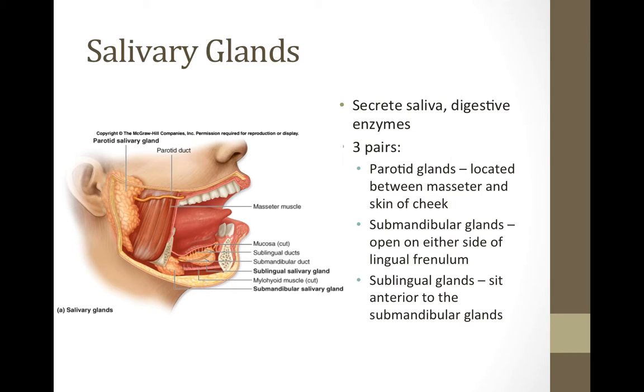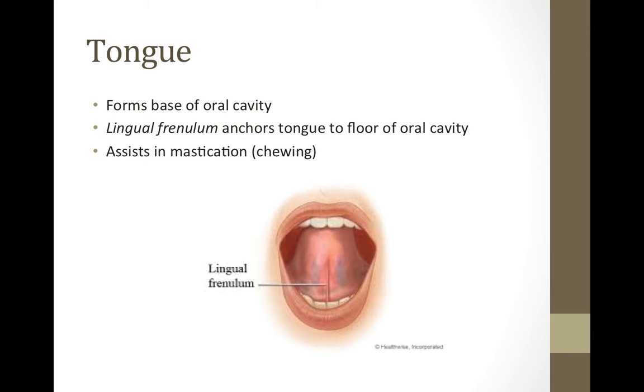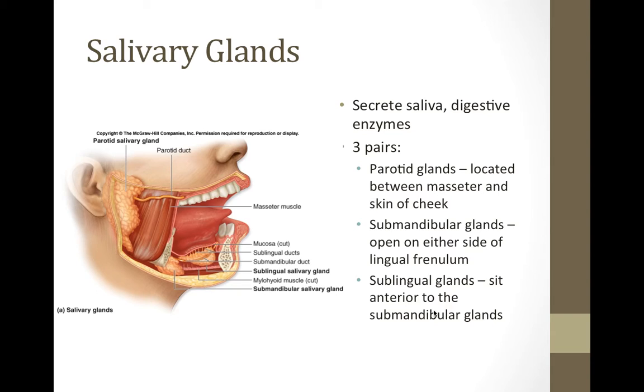And you can actually see these if you look in the mirror. There's very small openings that you can see lining the lower border of your tongue. You also have sublingual glands. Lingual is tongue. Okay, so that's why when you see lingual frenulum, it's the frenulum of your tongue.